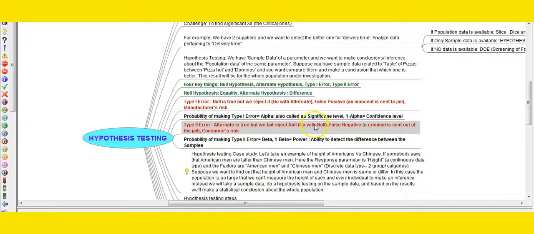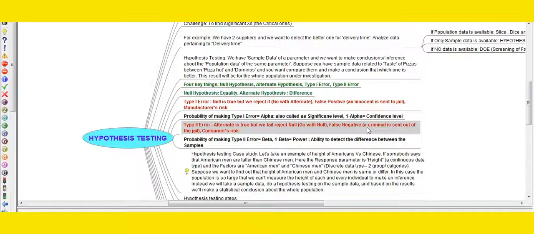This is also called a false negative, and a popularly known statement is that a criminal is sent out of the jail. That means he was a criminal, but in the beginning the null hypothesis was that he is innocent.